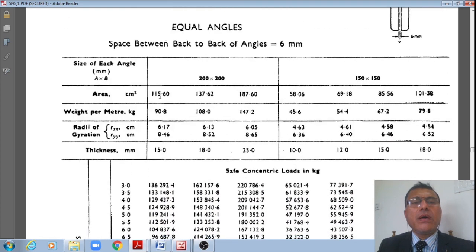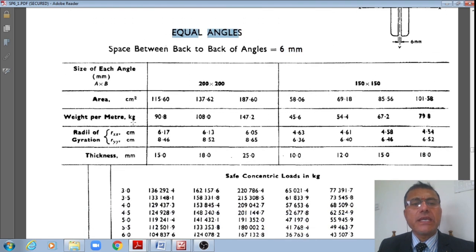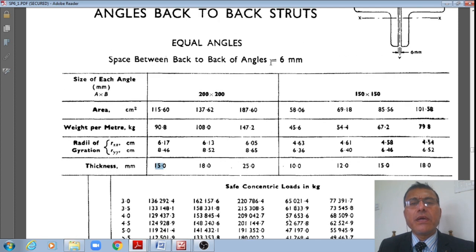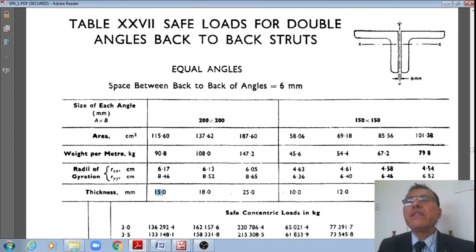That is how if I have back-to-back angles, the spacing between the back-to-back angles is equal to 6 mm for equal angle sections. If I am having an angle of 200 by 200 with a thickness of 15 mm, with back to back distance between these, this gap is equal to 6 mm.